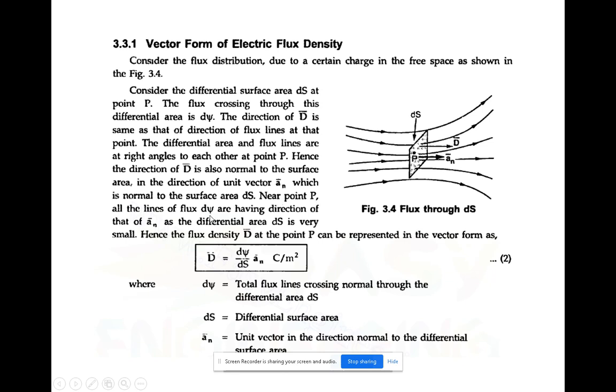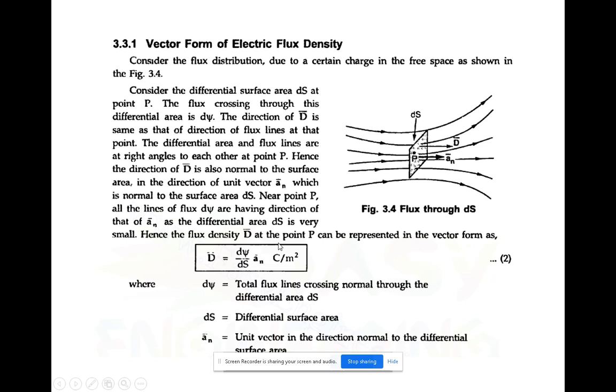Near point P, all the lines of flux, that is psi, have the direction of that unit vector as the differential area is very small. So when we select a smaller surface area, all the lines of flux as well as the unit vector will be very close to each other, looking similar.